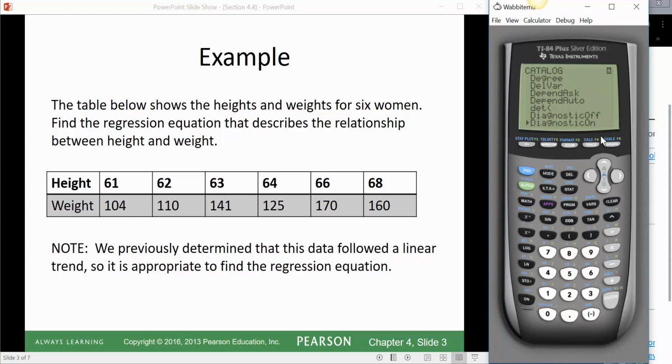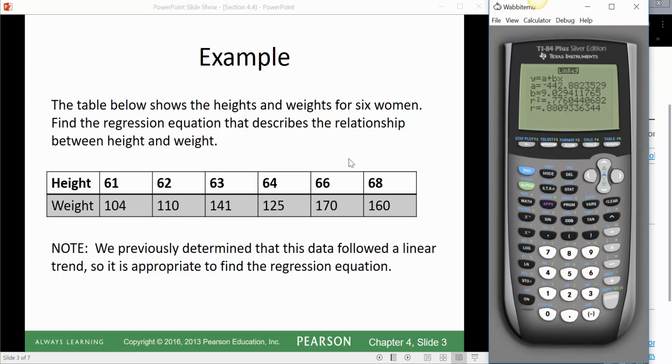We want diagnostics on, so I'm going to hit enter beside that and hit enter again. Now it's on. If I go back to stat, calc, option 8, then go down to calculate, there, now I'm getting the r squared and r values. You can see there's my r and there's my r squared.